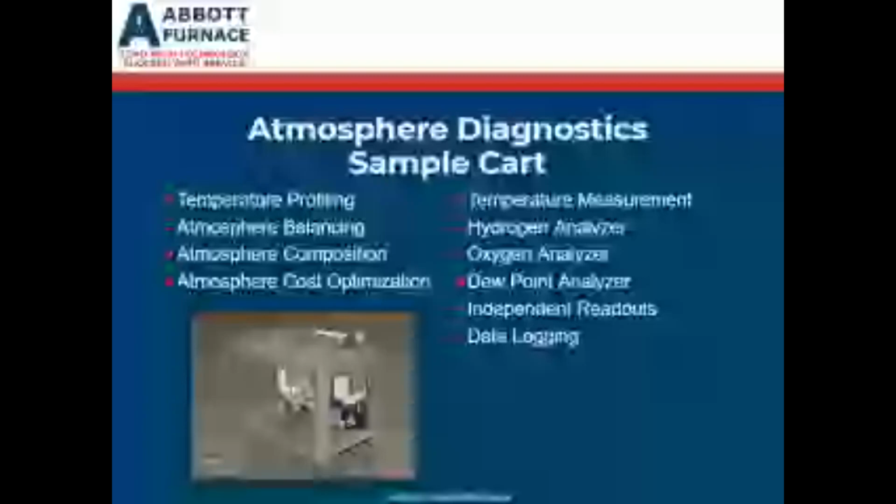So we measure both oxygen content and dew point, what we previously talked about with an air leak or water leak. We would do the analysis, and then we would be able to fix air leaks or water leaks.